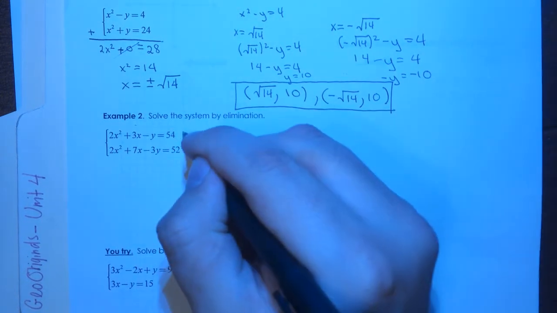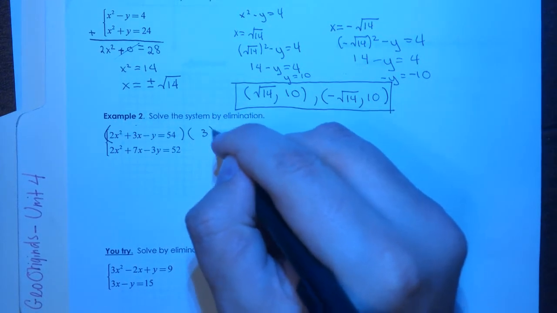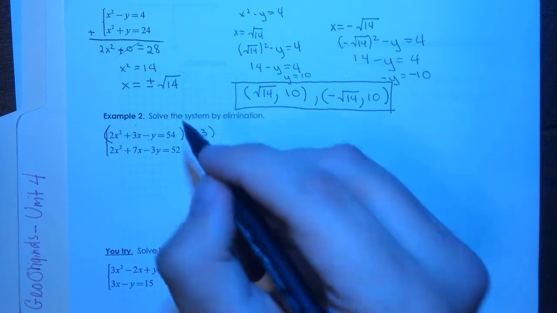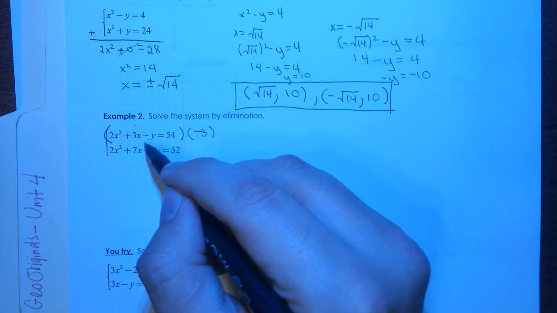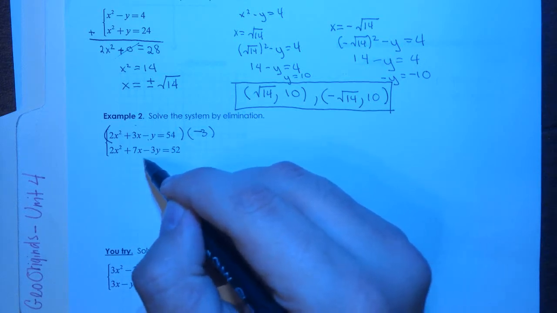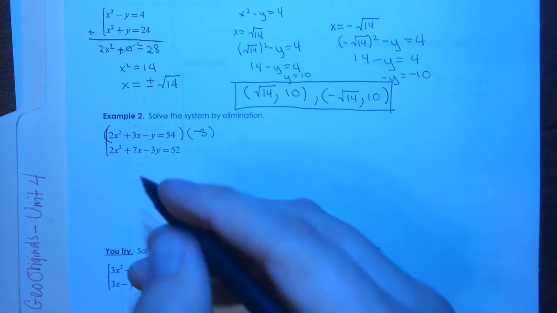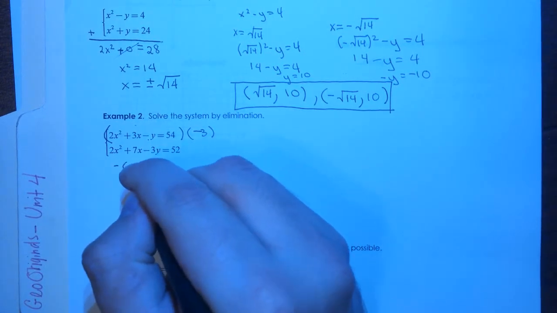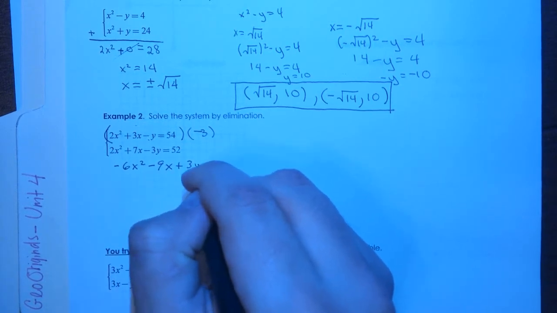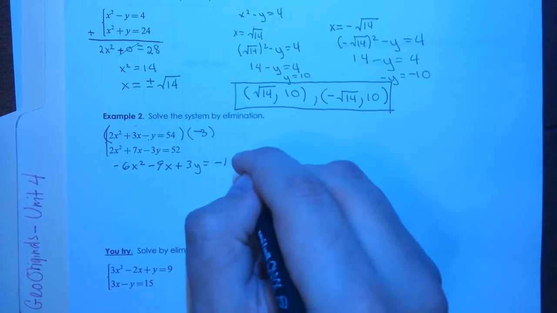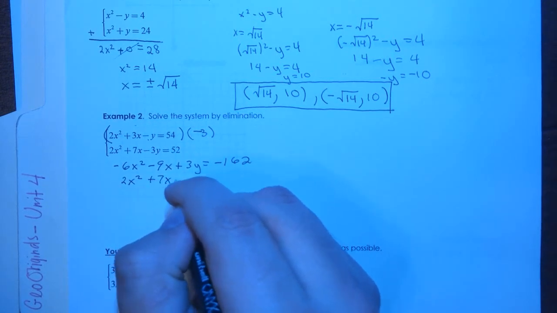Well, if I take this first equation and multiply it by not 3, which would give me negative 3y, but in fact a negative 3, because if I multiply by negative 3, then I will have positive 3y, which will add with negative 3y to give me 0. So I'm going to multiply that first equation by negative 3. I will have negative 6x squared minus 9x plus 3y is equal to negative 162. The second equation remains unchanged.